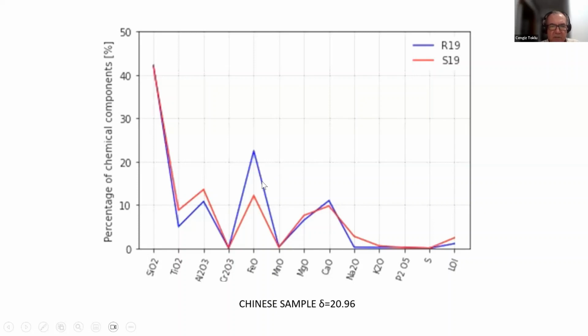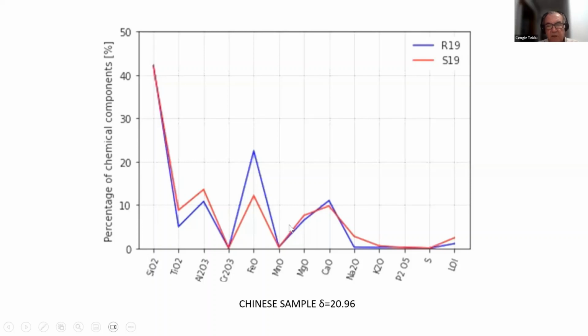Now the blue one is the original one, the red one is our simulant. You see that the distance is 21. So what I want to say here is that even using 14 types of samples from the world, you cannot find exactly a better delta for that.